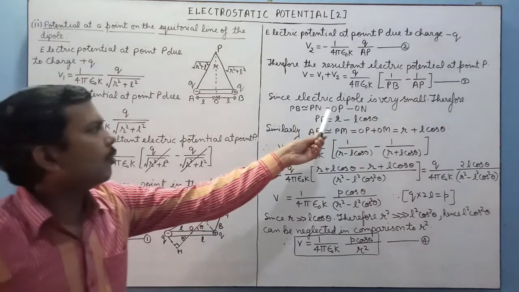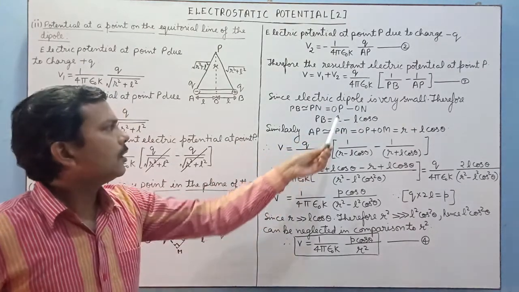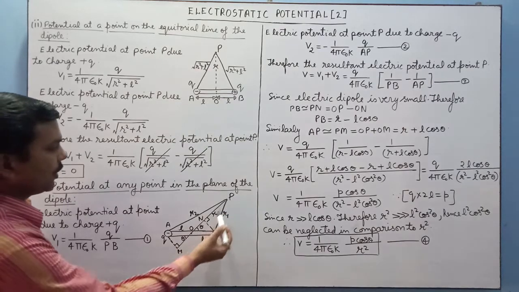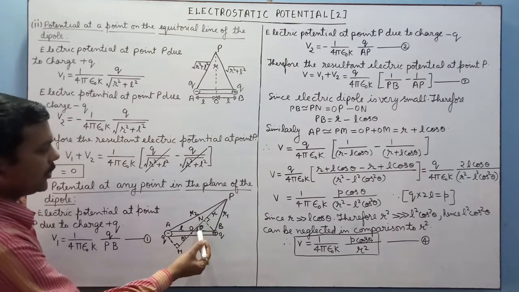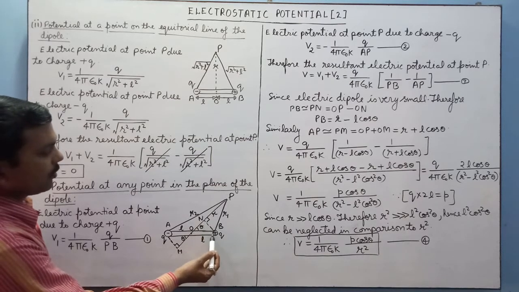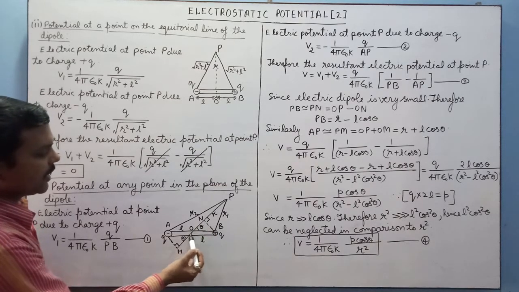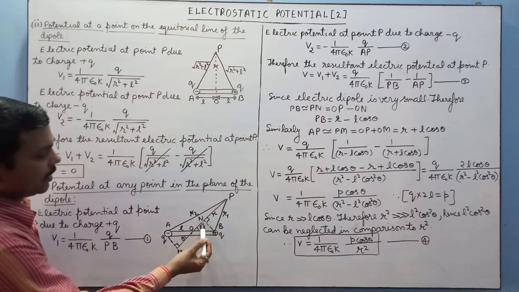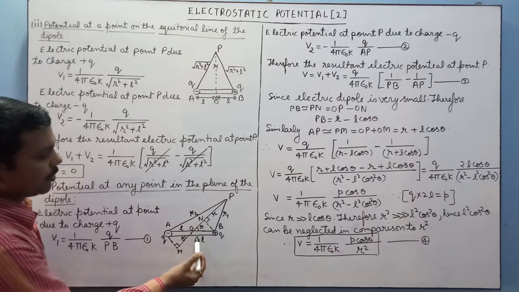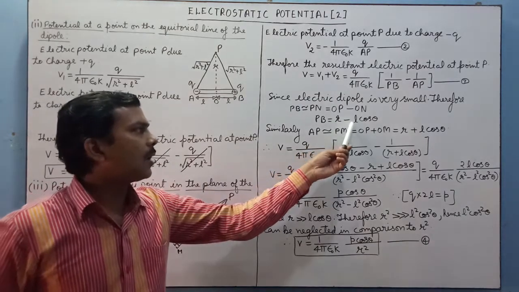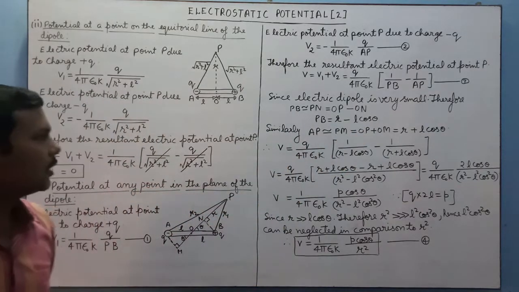So OP minus ON. OP is equal to small r, and you have to determine this distance ON. This distance can be obtained from this triangle. This is a right angle triangle, this angle is theta, this angle is 90 degrees. From this right angle triangle, you can obtain ON is equal to l cos theta. So this will be r minus l cos theta.